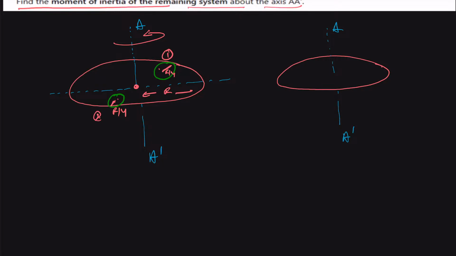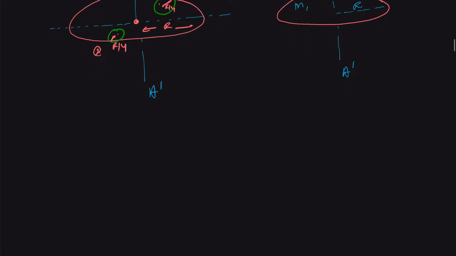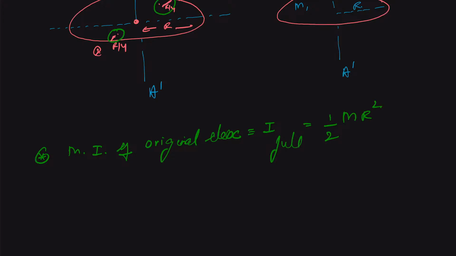We know its mass is m, and its radius is r. Therefore the moment of inertia of the full, original disk, let us call it I4, is equal to 1 by 2 m r square.